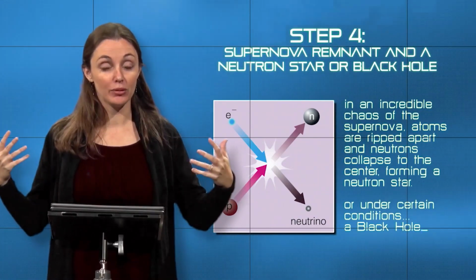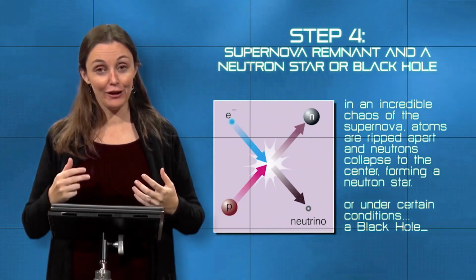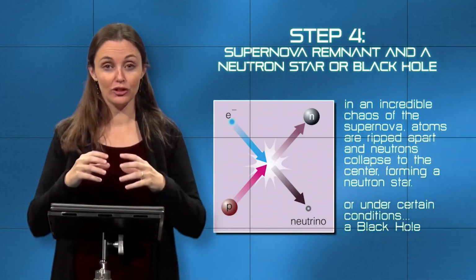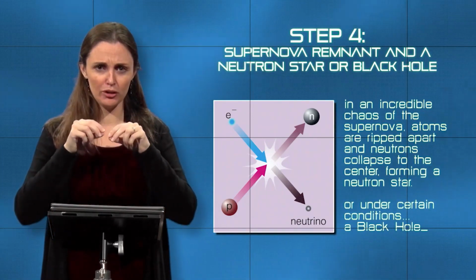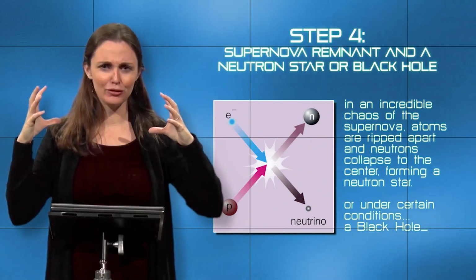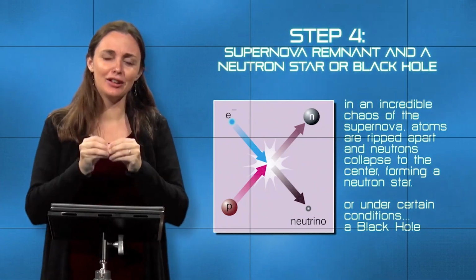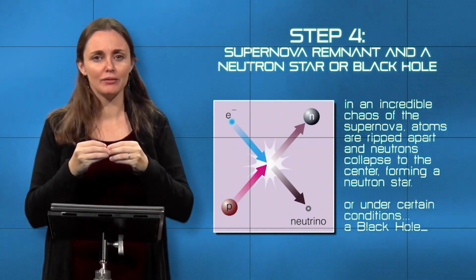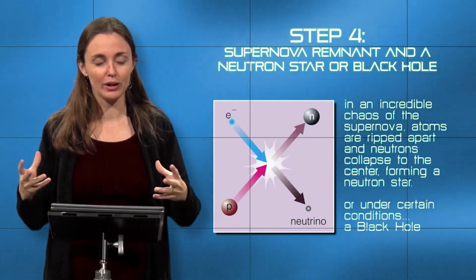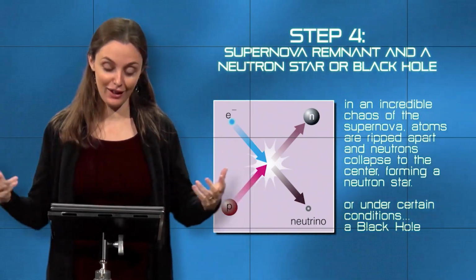If it's just made up of primarily neutrons, it's a neutron star. If you crush those neutrons together so that multiple particles are taking up the same place in space, in fact, billions and billions of neutrons are all packed together and taking up the same place, then you create this object that gets called a black hole, because it has this amazing gravity that not even light can escape.